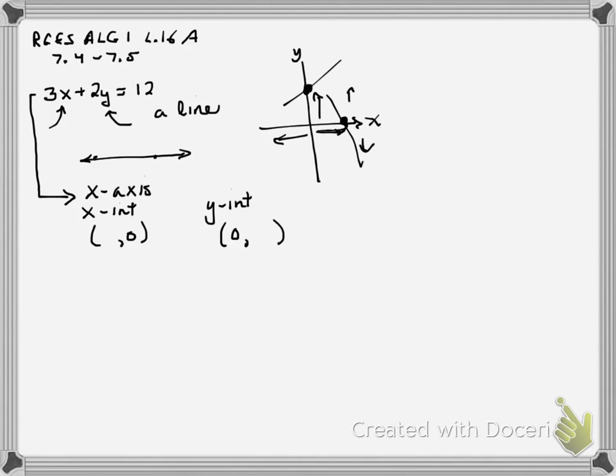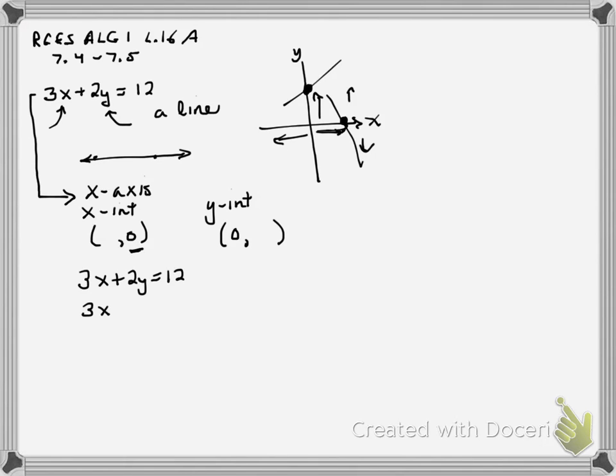Okay. Now if I go back to my equation here, 3x plus 2y equals 12, and I plug in 0 for my y, I will find the x-intercept.